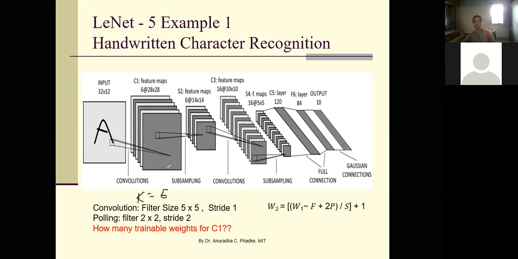Resultant outputs, height, width, and depth. And this input image is a gray image or monochrome image. So for the input image, depth is 1. Depth parameter D is equal to 1 for the input image. Yes, I am getting some answers.